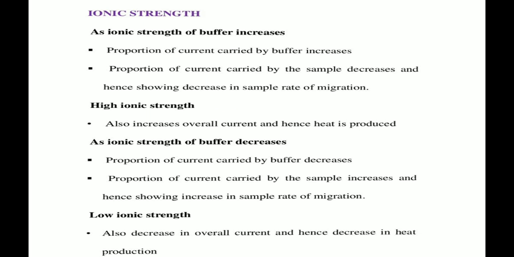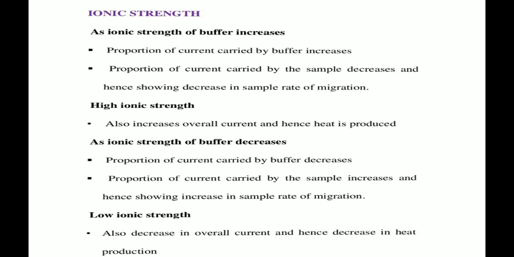So the proportion of current carried by the buffer increases and the proportion of current carried by the sample decreases, and hence there is a decrease in the sample rate of migration. Suppose there is high ionic strength, it also increases the overall current and hence heat is produced.